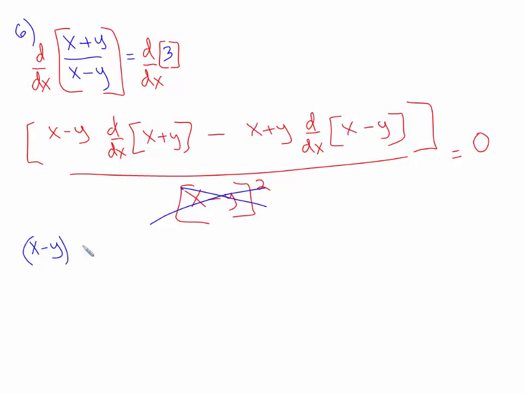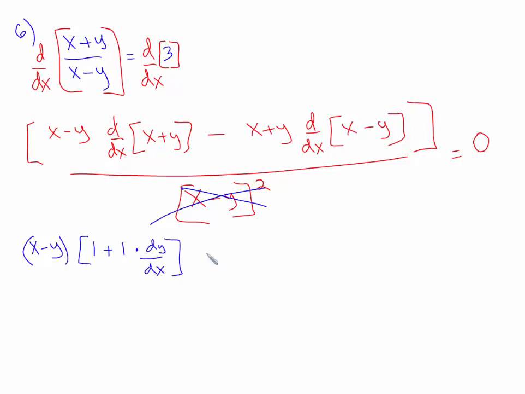times the derivative, so we're going to end up with the derivative of x, which is 1. And then the derivative of y is going to be 1, and remember, we're taking the derivative with respect to x of y, so we need that times dy dx.